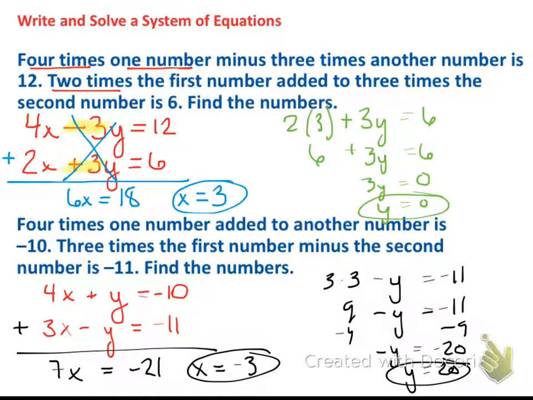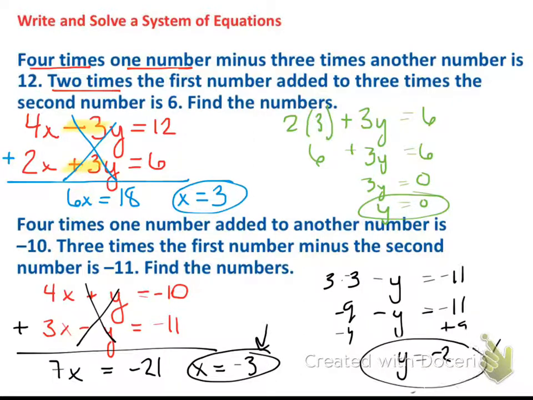I added and the y's disappeared. I found my first number would be negative 3 and my second, negative 3. I made a mistake. That should be 3 times negative 3, which is negative 9, so plus 9. So if I'm adding 9 to both sides, my second number is negative 2. Excellent. All right, let's try some harder word problems.